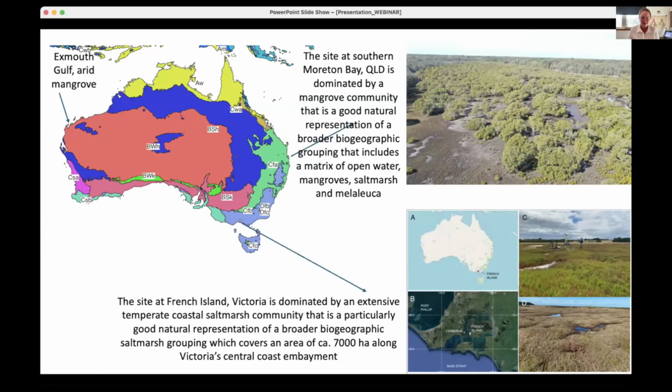The mangroves there are Avicennia marina dominated, although there's some Rhizophora and some Ceriops and a bit of Aegiceras, a few Bruguiera, and that is the extent of my botanical understanding of the diversity here. But there's also salt marsh and melaleuca within what we'll call the footprint.